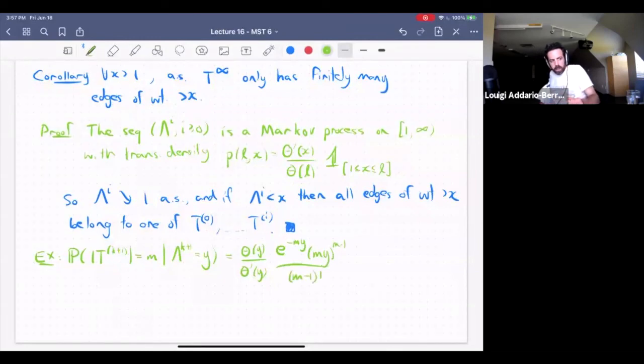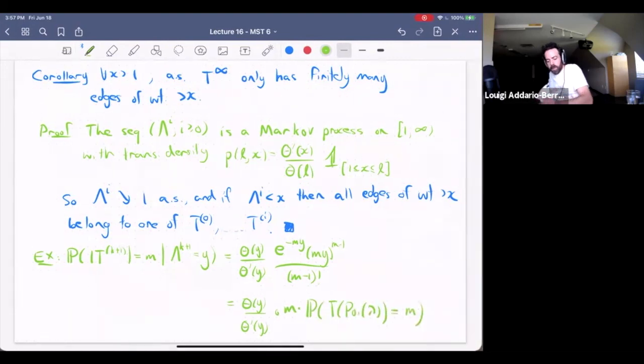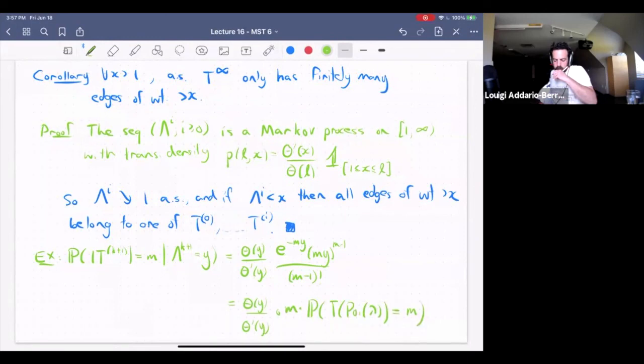Which can be rewritten as theta of y over theta prime of y times m times the probability that a Poisson Galton-Watson tree with parameter lambda hat, sorry, the dual parameter, has size exactly m.